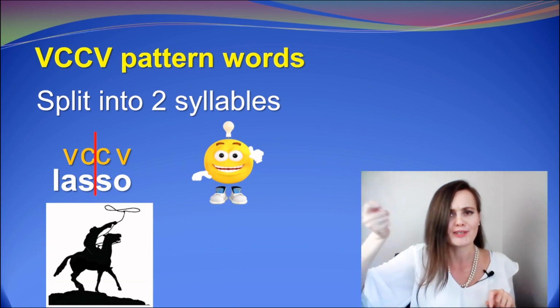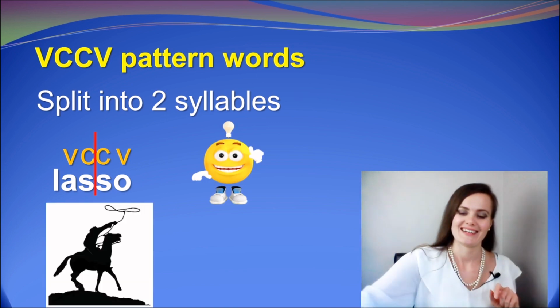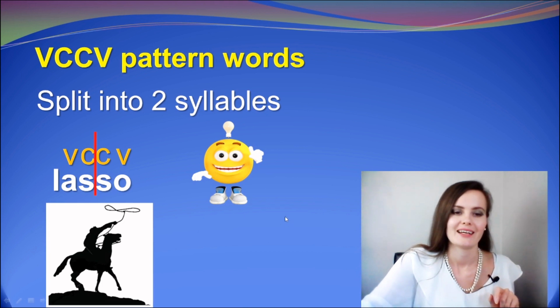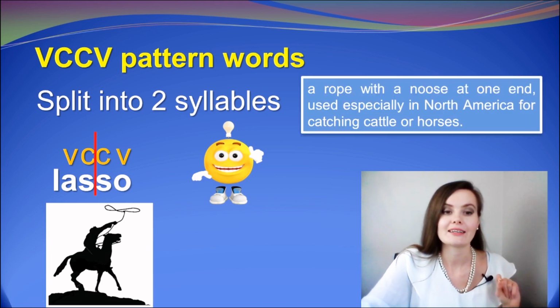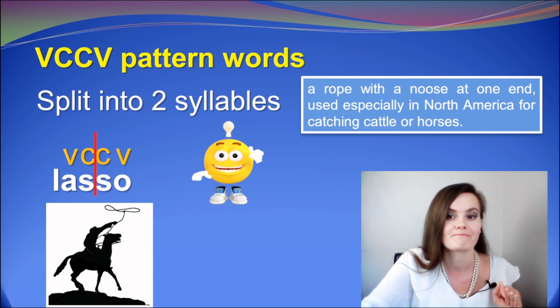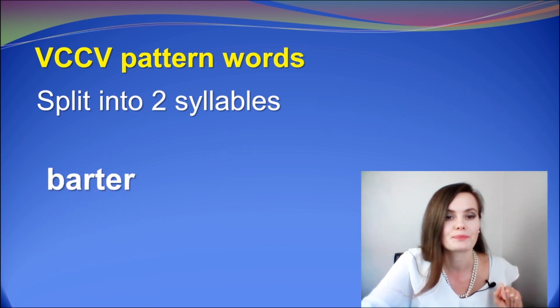It has a lasso. So this part is called a lasso. And a lasso is a rope with a noose at one end, used especially in North America for catching cattle or horses. So this is what it's used for.